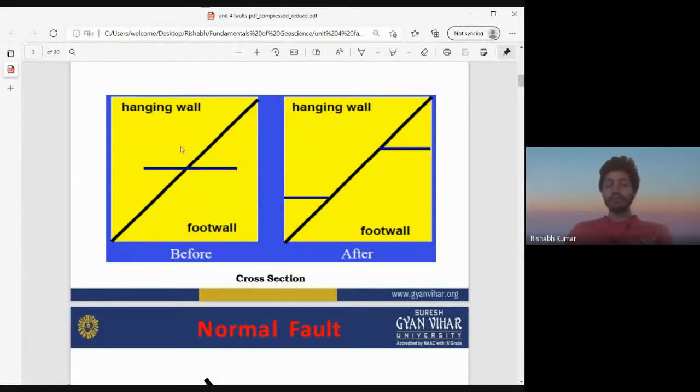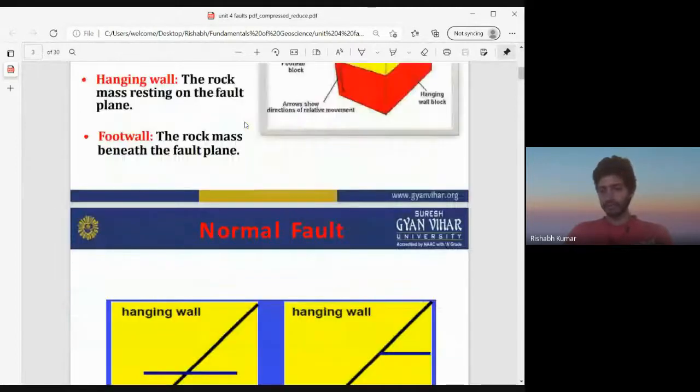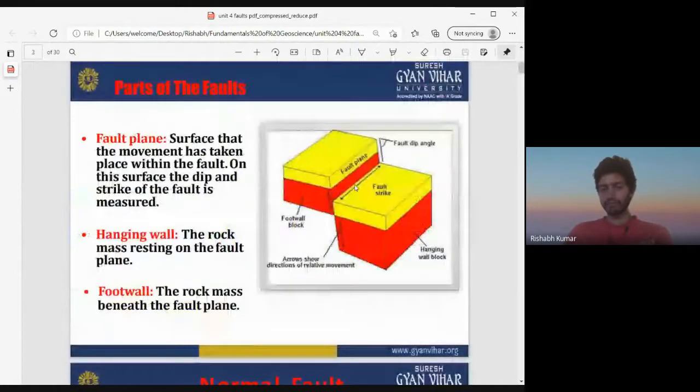अब ये जरूरी नहीं है कि आपकी हैंगिंग वॉल आपके फुटवॉल से ऊपर ही होगी। जैसे यहाँ आपकी हैंगिंग वॉल खिसक के स्लाइड ड्यू टू दी रिलेटिव मूवमेंट, नीचे आ गई है, फुटवॉल से नीचे आ गई है, but still it is hanging wall. Why is it hanging wall?